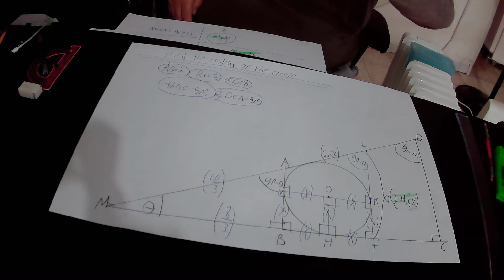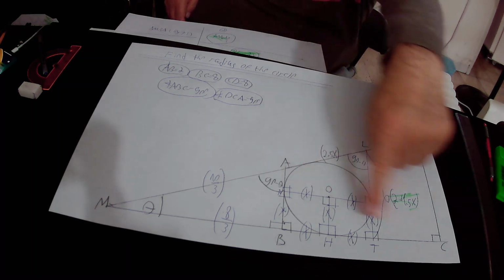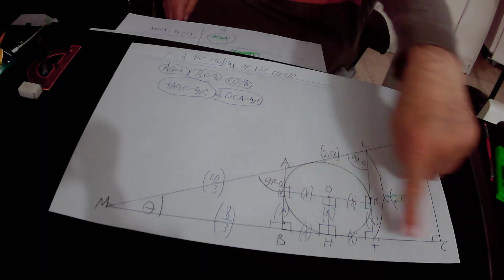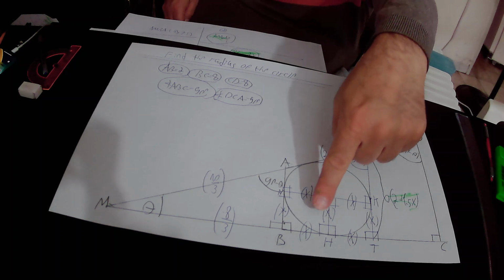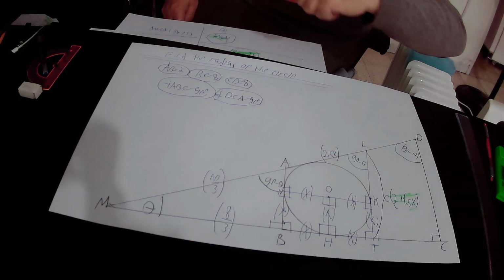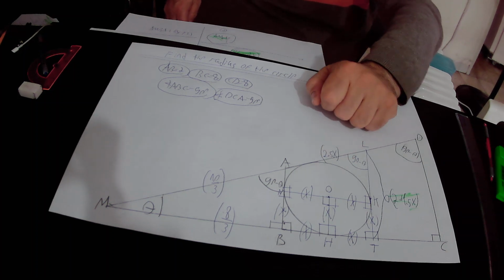Whenever you have a radius drawn to the point of tangency, the tangent BT will be perpendicular to the radius OH. If BT is perpendicular to OH, it means that this angle equals 90 degrees and this angle also equals 90 degrees according to rule 1.